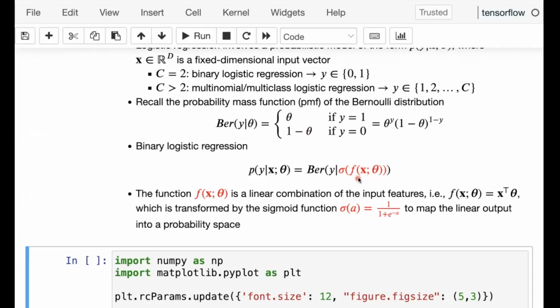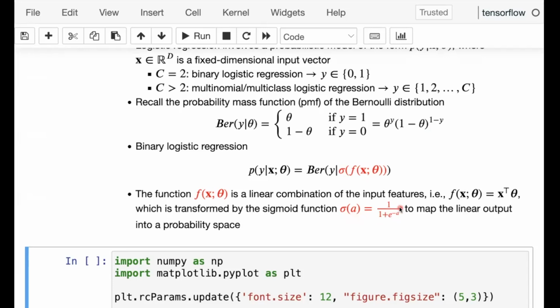That's the main requirement when you're working with probabilities. And for that reason, we use this function, which is sigma, known as the sigmoid or logistic function. This sigmoid function has this form that for any number a is 1 over 1 plus e to the negative a.